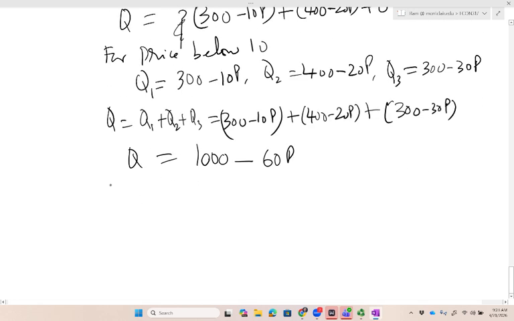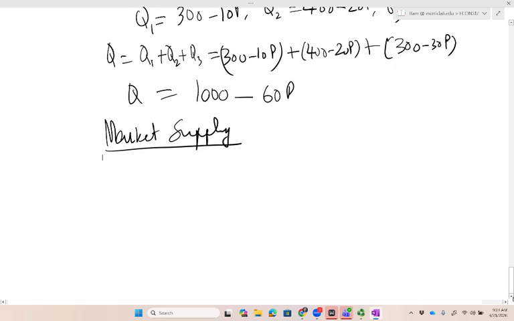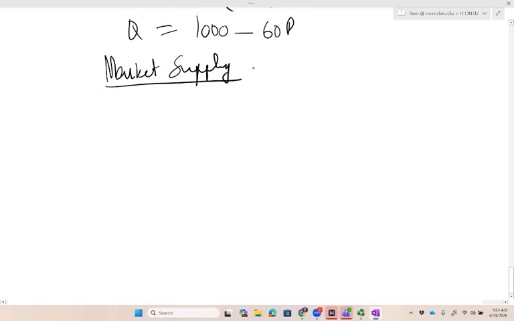We can also do something similar for market supply. And again, you can see the value of drawing the inverse supply function compared to aggregating the individual firm supply to obtain the market supply. So let's say that there is a firm having the inverse supply given by P equal to Q1.